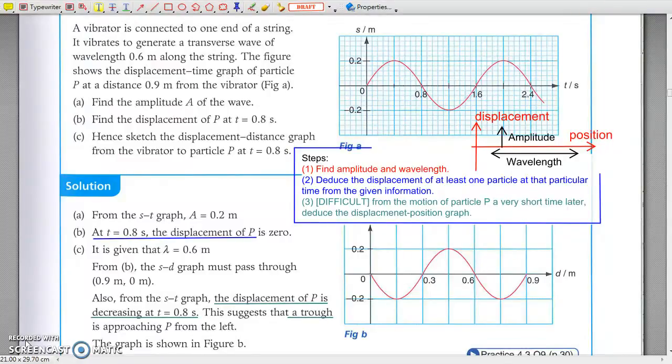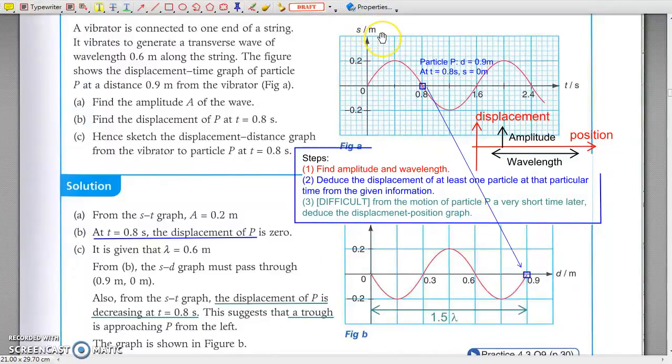information. Now, particle P is 0.9 meter from the vibrator and hence 1.5 wavelength away. Its displacement is 0 at 0.8 seconds. So we mark this on the SD graph. Lastly, which is the most difficult part, from the motion of particle P a very short time later, deduce the displacement position graph.